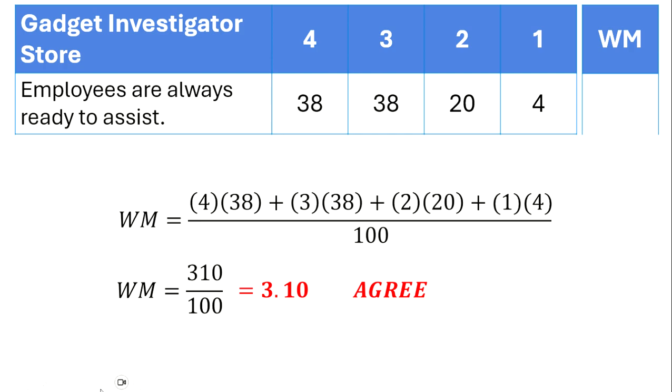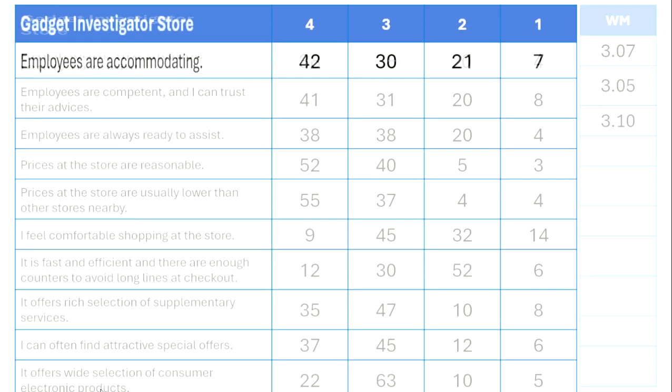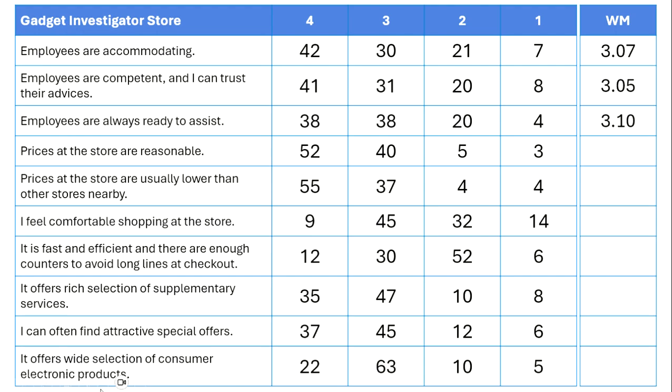Now, you try. You try the remaining statements, and identify the weighted mean and verbal interpretation. You can pause the video so that you can compute the weighted mean of statement number 4 up until statement number 10, and also identify its verbal interpretation. Again, you can pause the video, then you compute.